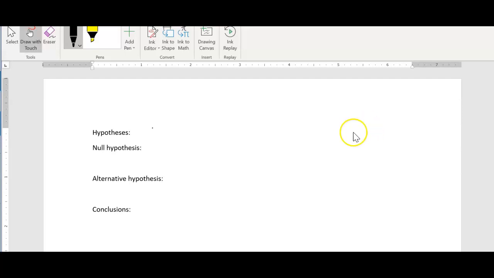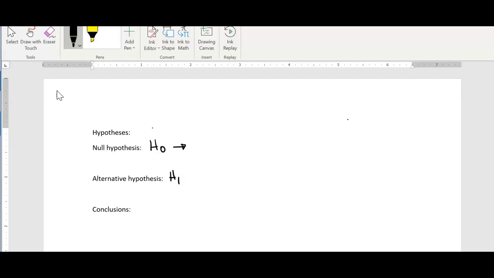So in these hypothesis tests, we have two hypotheses. The null hypothesis, which in symbolic representation is H0, and the alternative hypothesis is H1.